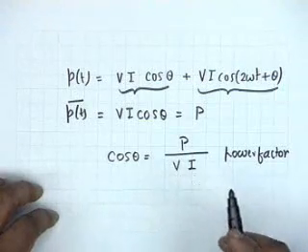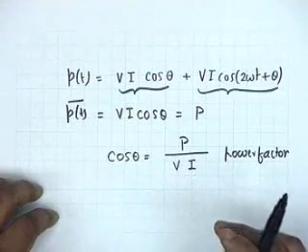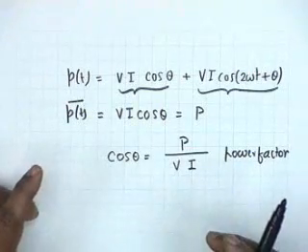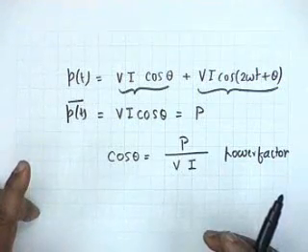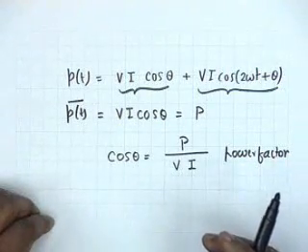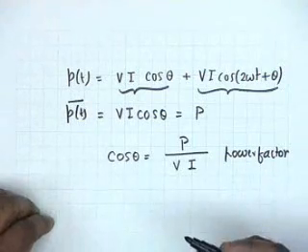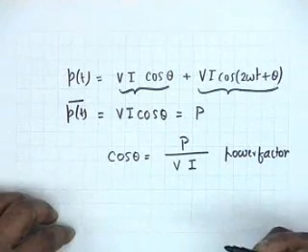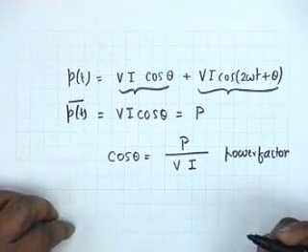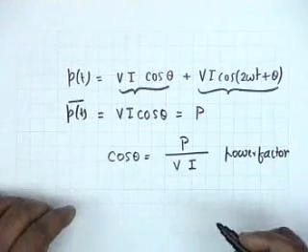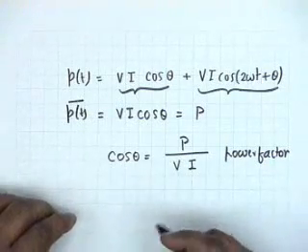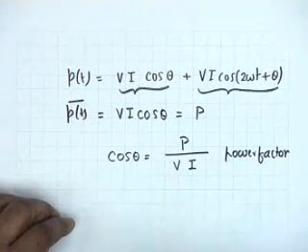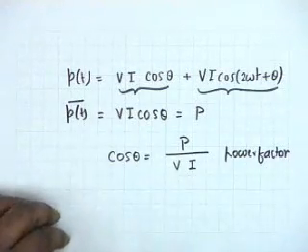Naturally, the power factor for a purely resistive circuit is 1. Power factor for a purely inductive circuit is 0, because cosine 90 is 0. The angle difference between current and voltage phasors for a pure inductance is 90. Similarly, if a circuit is purely capacitive, again 0. Therefore, power factor is non-zero only for a circuit which has a resistive component. If it is purely reactive, it is 0.